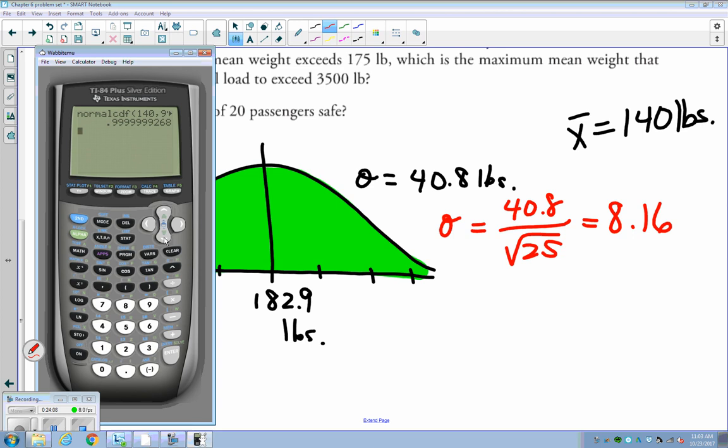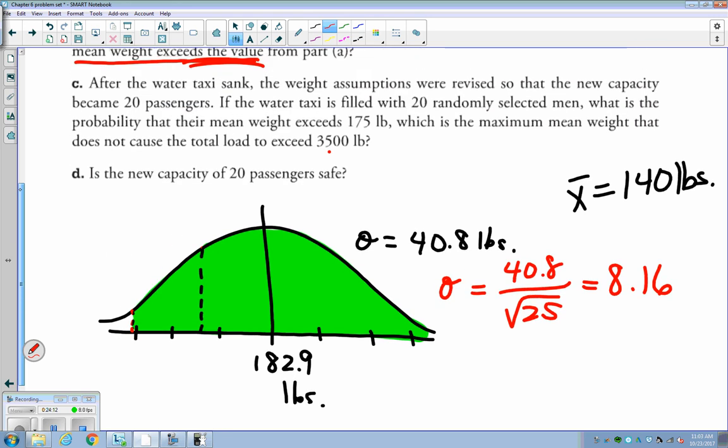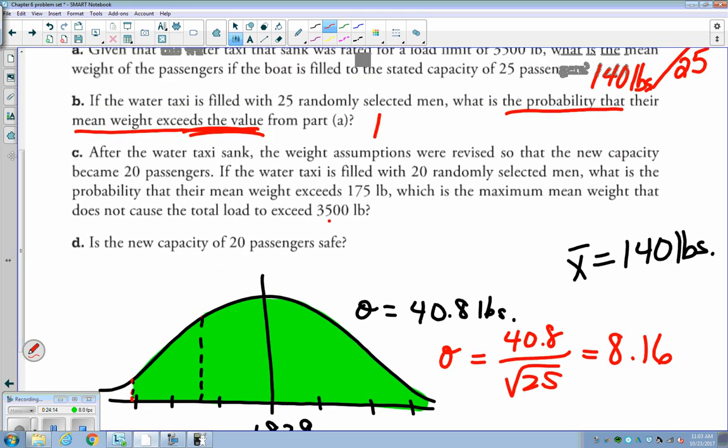So when I go back here, it's 100% chance it will exceed my weight limit if I have 25 passengers.